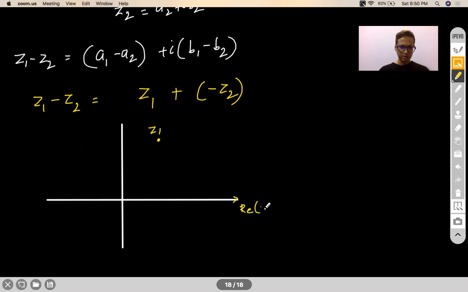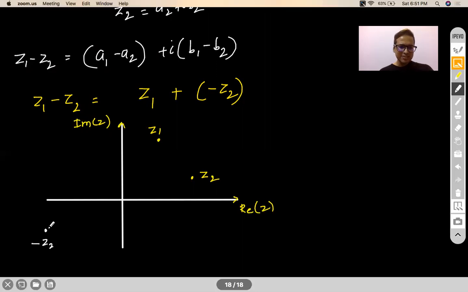Okay. And if I represent this as z2. Okay. When I say z1 minus z2, it is as good as adding z1 with negative z2. So if this is z2, can I say negative z2 will be here?